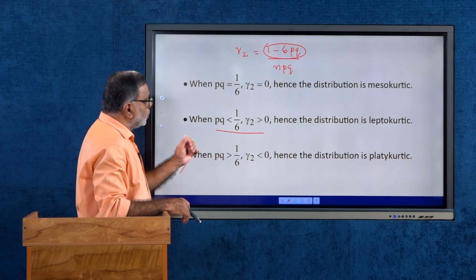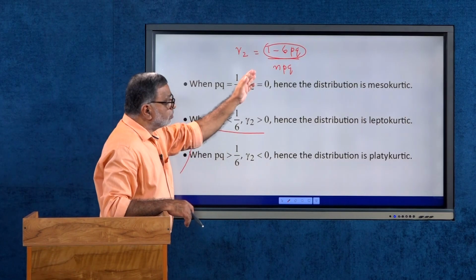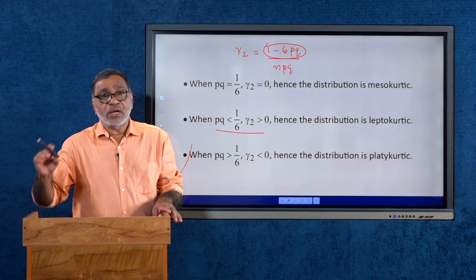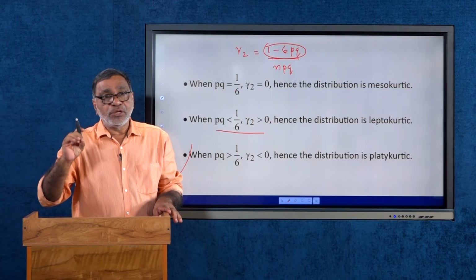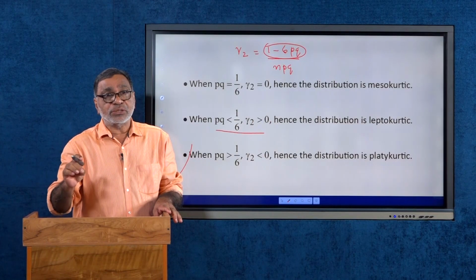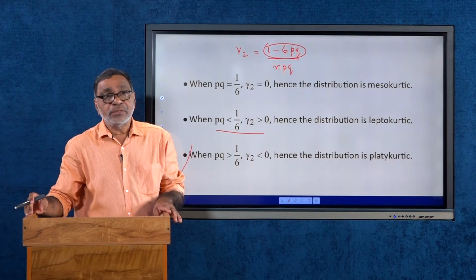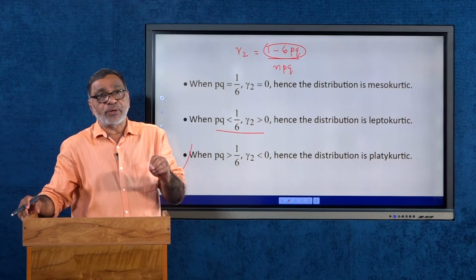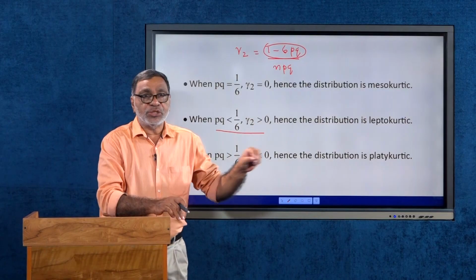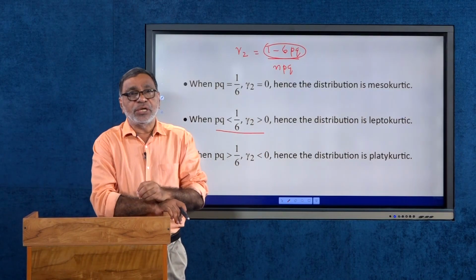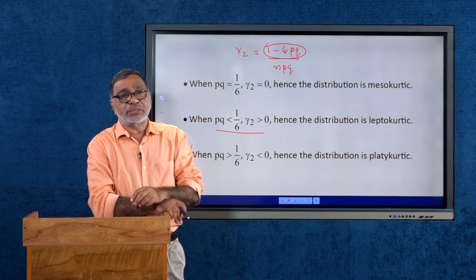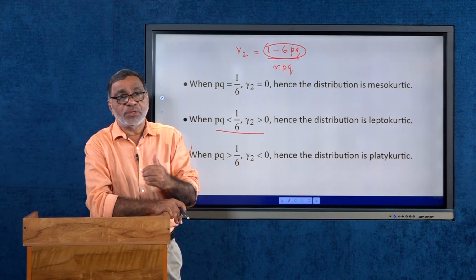Similarly, when p q is greater than 1 by 6, gamma 2 becomes less than 0, and so the distribution is platykurtic. So the character of the binomial distribution as far as kurtosis is concerned depends on the product p q.